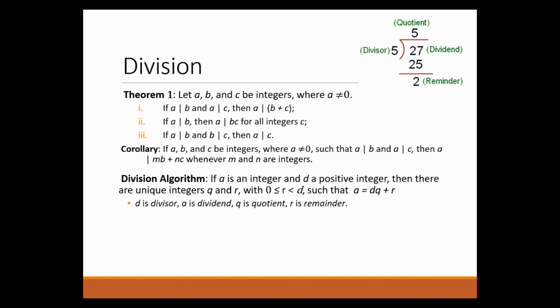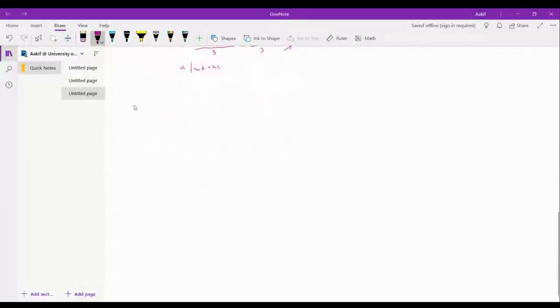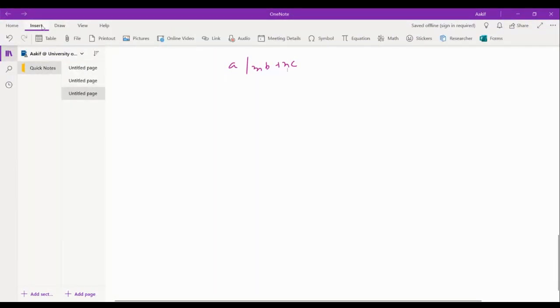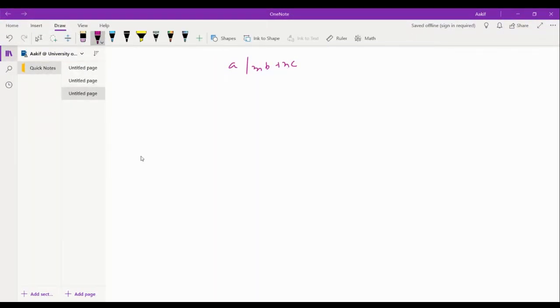Let me show it on the OneNote. So it will look something like this.